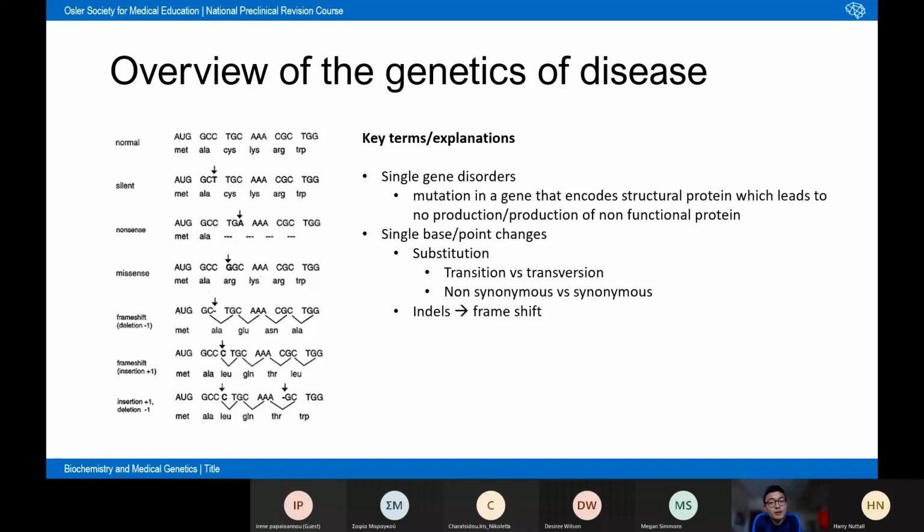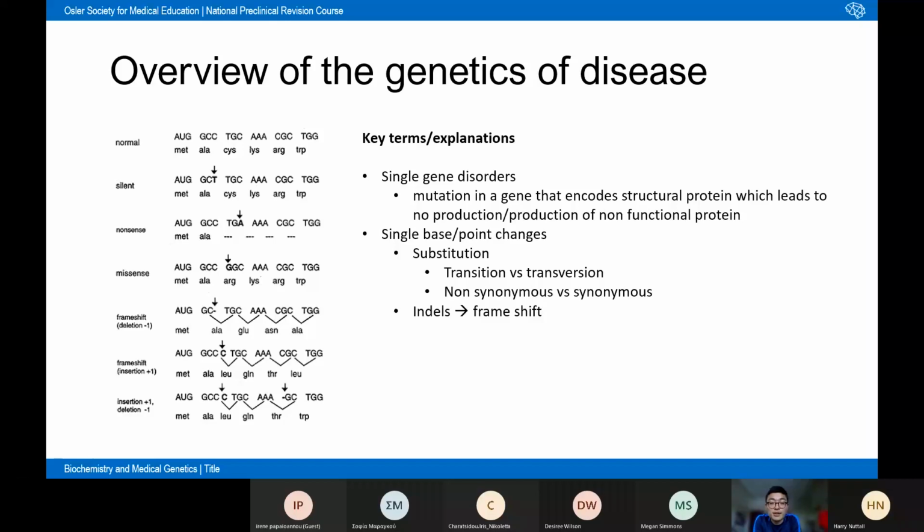So in terms of point mutation events, these are typically categorized as substitution, or they can also be indel events. Substitution mutations can be transition or transversion mutations, whereby in a transition we go from a purine to a purine, so a G to an A or vice versa, or a pyrimidine to a pyrimidine. In transversion mutations, we go from purine to pyrimidine or vice versa.